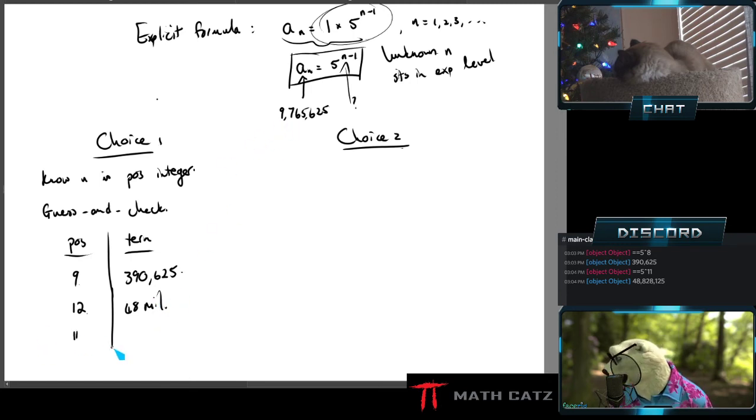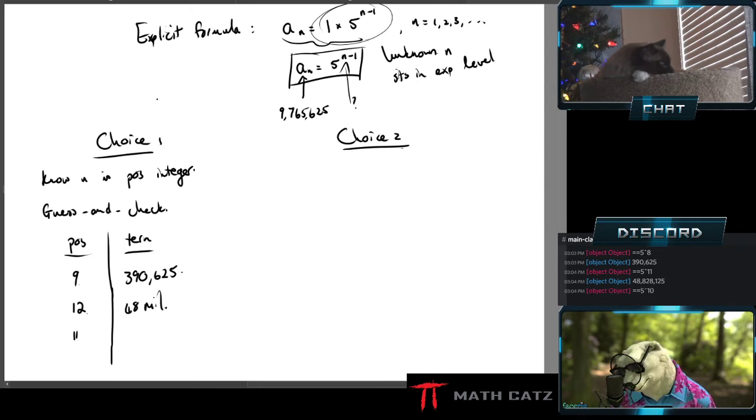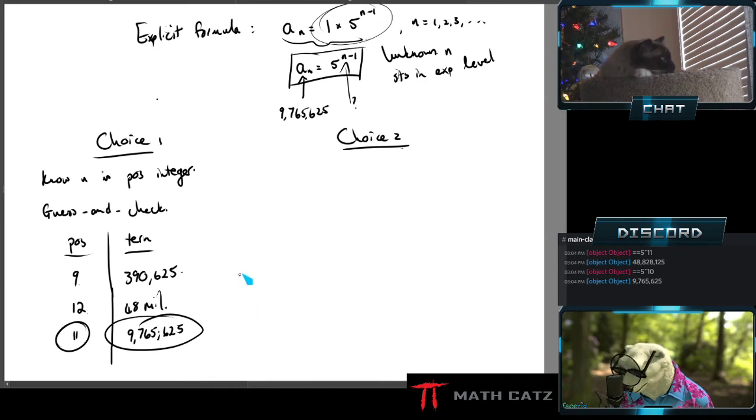So take it one step back and try 11. And there we go. 765,625 is exactly right. So that's the position.